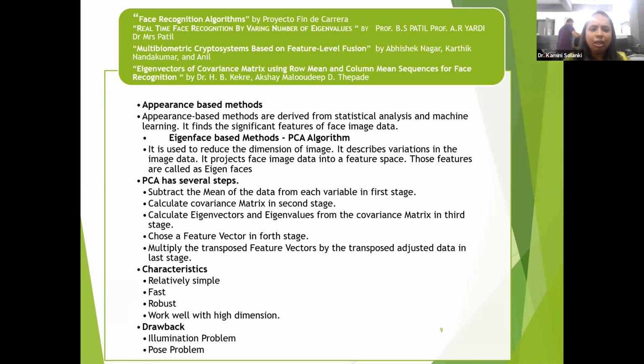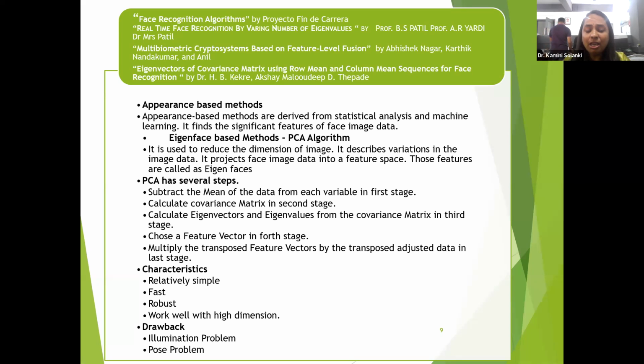There are some steps for that dimension reduction. First, we have to find the mean. Then we have to calculate the covariance of the matrix. Then we can find the lambda value and eigenvector, where the lambda value is called the eigenvalue. Then we can find the features. After the lambda value, we can identify the best features from the face, and those features can be matched with the database images.